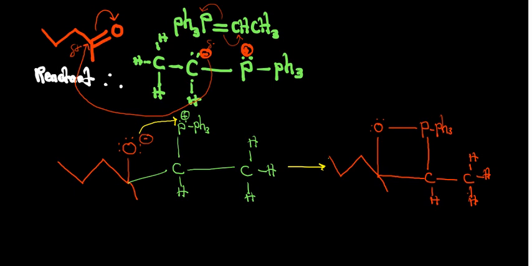So for example, we know that the electronegativity of oxygen is 3.5, while the electronegativity of carbon here is 2.5, and then the electronegativity of phosphorus is 2.1, and the electronegativity of carbon here is 2.5. So this carbon here is stronger, as it's more electronegative as opposed to the phosphorus that is here.